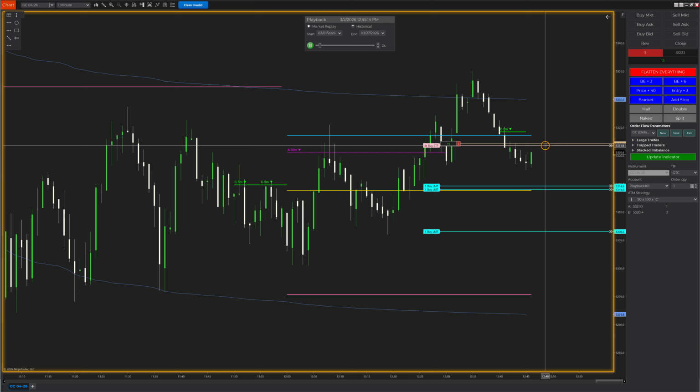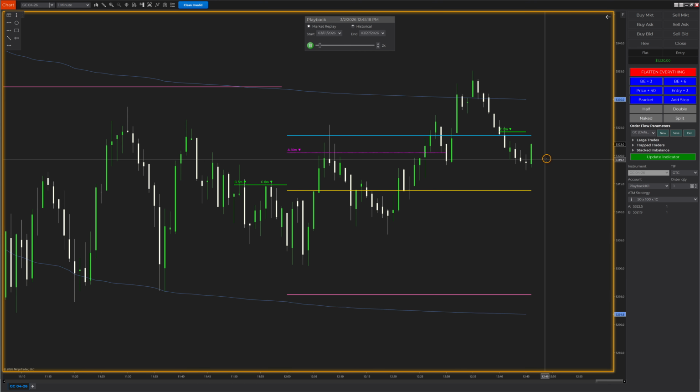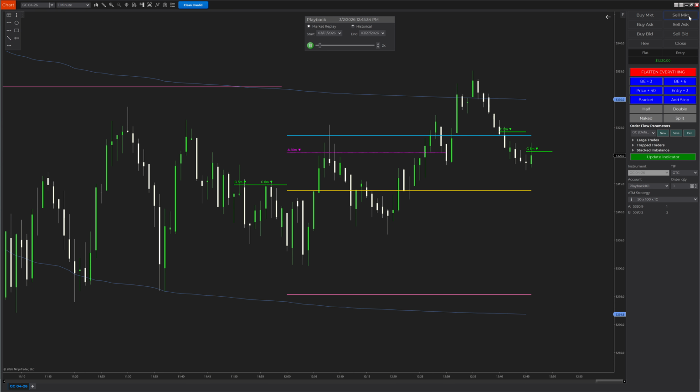Ah, and we did. If this comes back up, maybe we'll get lucky and consider that wick part of the trade. I'm going to wait for this bar to close. Don't want to rush into this though, just because we didn't capture that one.